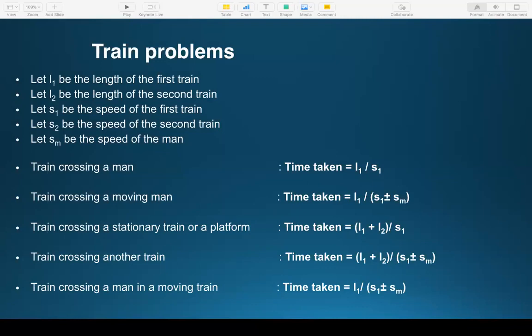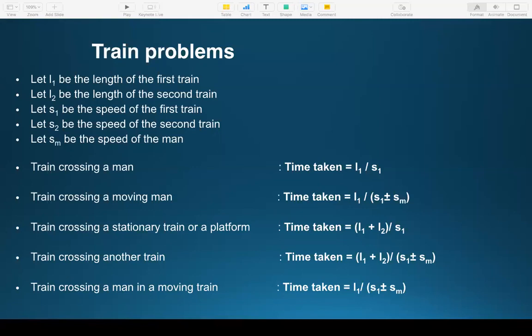Okay. Now let's imagine the third scenario where we want to find out the time taken by the train in crossing a stationary train or a platform. So now you need to just imagine that you need to find out the time taken by the train to cross the platform on which you were standing.